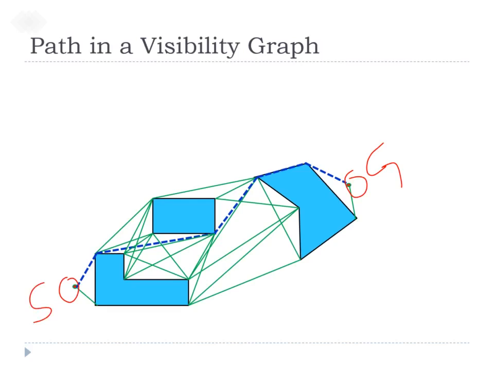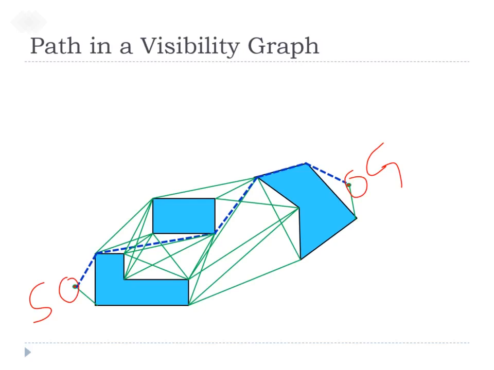There are only three obstacles here, yet the visibility graph is a little complex. Now think of a scenario where we have, say, hundreds of different obstacles like in autonomous driving, and then you have to create a visibility graph on a real road map. The question is, how do we handle this?